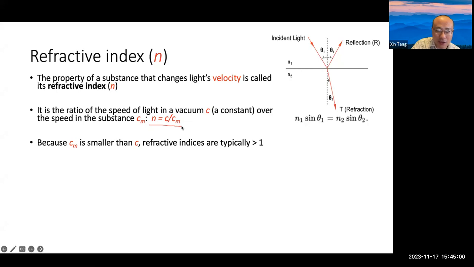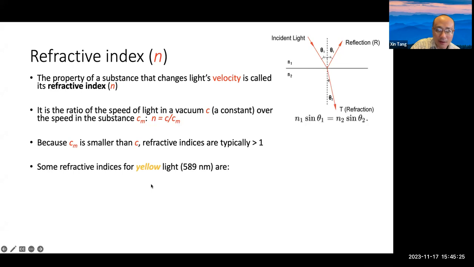Those are the relationships between the speed and the material's refractive index. Here we use the speed of light in vacuum as a reference. I don't need to talk more about this, but if you have questions, you can ask me. This is very fundamental but very useful knowledge.